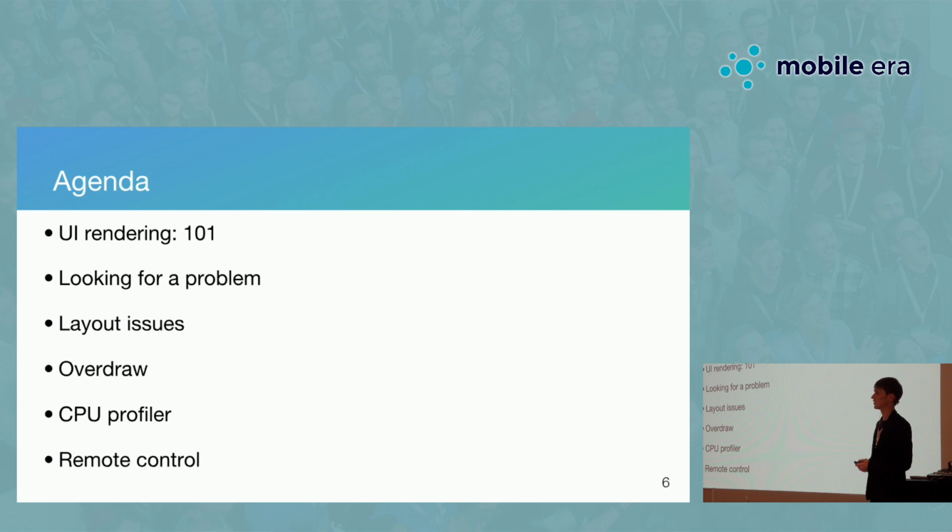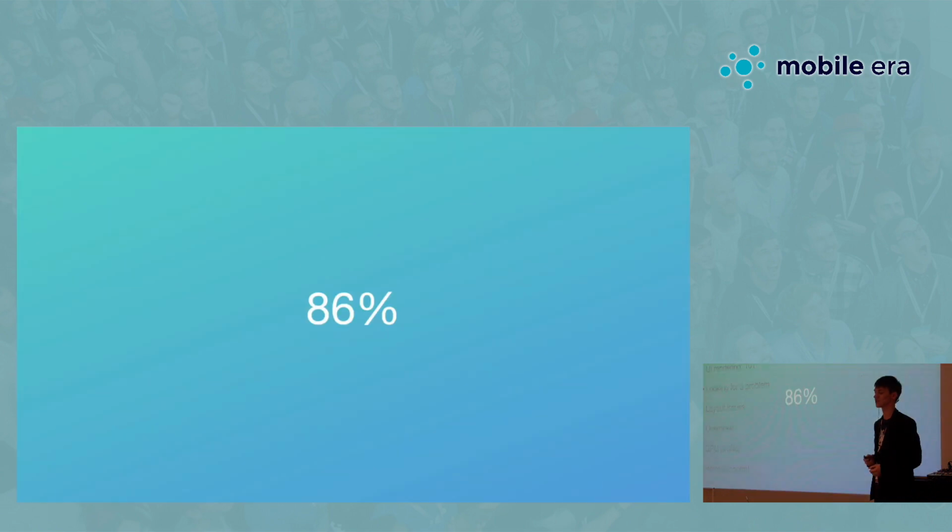Today we will cover UI rendering in Android overall, and whether you should try to solve anything at all, because if you don't have a problem, probably you shouldn't solve it. And how can you do it? If you have a layout issue or maybe an overdraw issue, what tools can you use there? And afterwards we will see how you can check what happens on your users' devices.